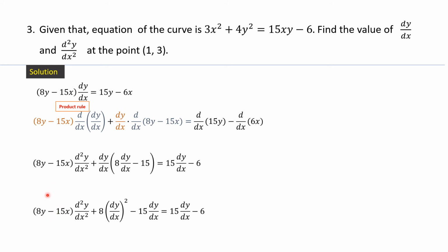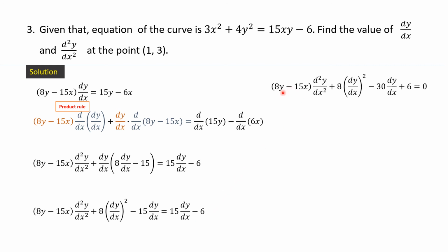So we simplify: (8y minus 15x) times the second derivative, plus 8 dy/dx times dy/dx, that means the first derivative squared, minus 15 dy/dx, equal to 15 dy/dx minus 6.